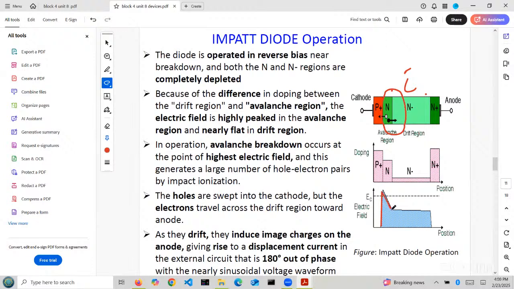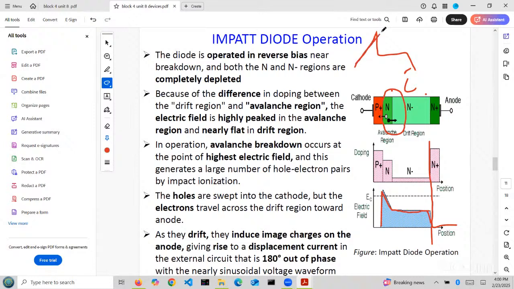The field decreases, but it does not become 0. It goes constant, up to the end point of the drift region. After that, it becomes 0. So the graph is increasing, decreasing, constant, then 0. You have to remember this one.